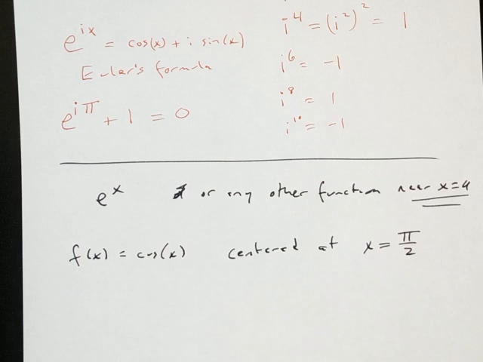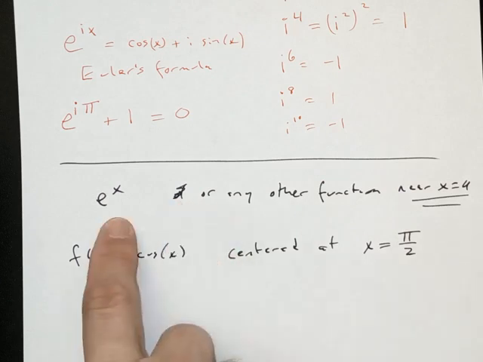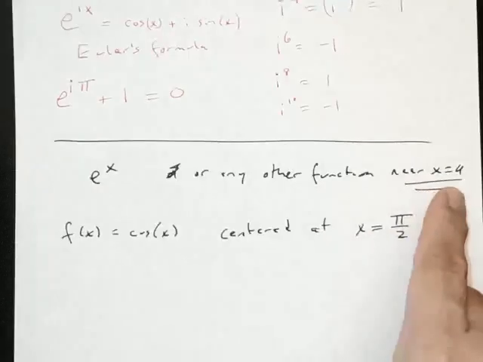Well, a lot of work in optics deals with light coming in perpendicular to a surface. Exactly what you're doing, Maddie. I'm trying to get the light to come in at the right angle so I can focus on something. The purpose of spectacles is to bend the light, but the light's coming in perpendicular to the glass, isn't it? So I need to know what's going on when my angle's near 90 degrees. Or any other function near x equals a.